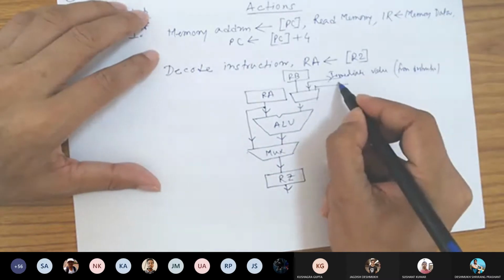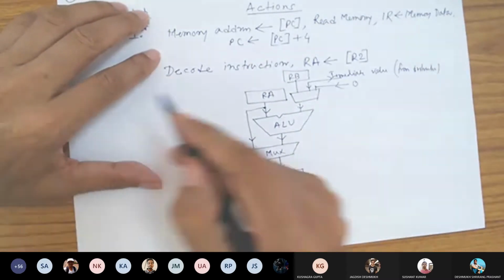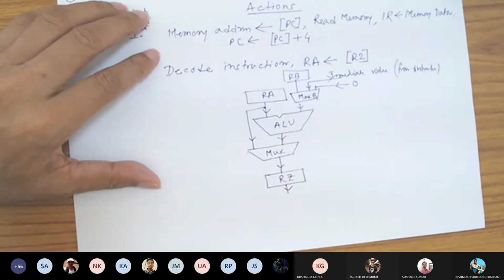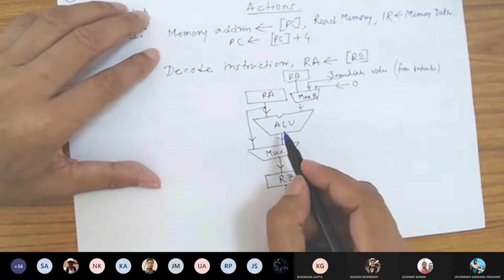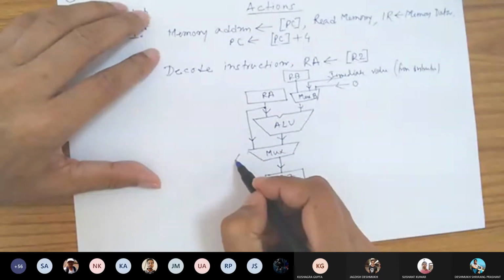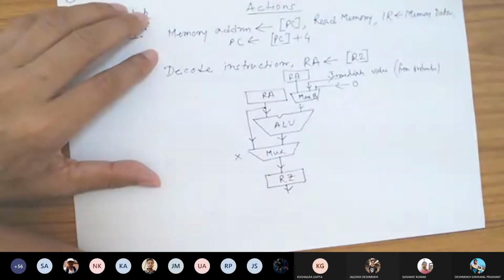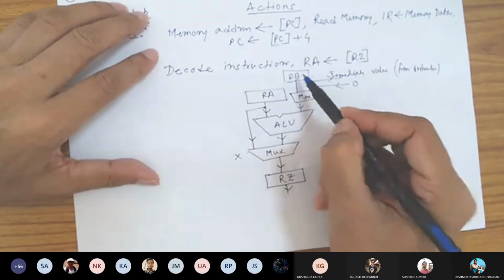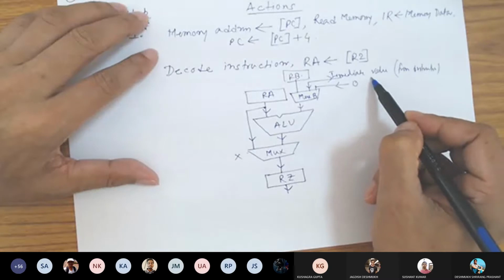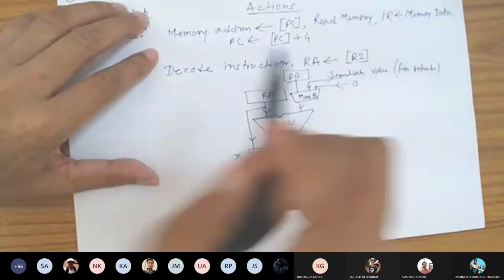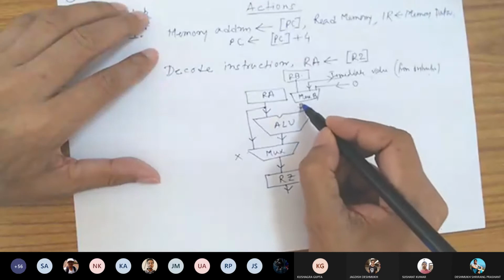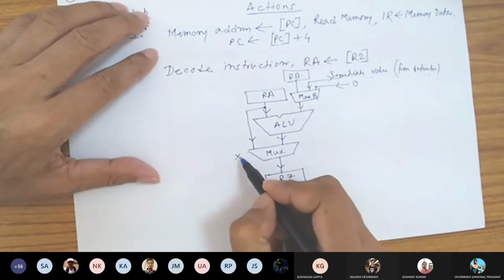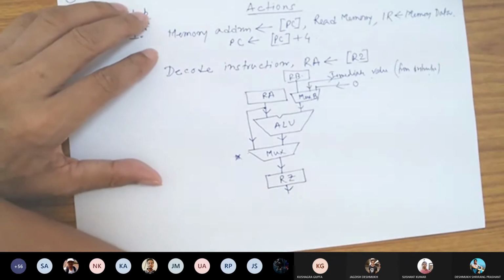You can also give another immediate value 0. This is MUX B. So to bypass this, you can use this one also. This multiplexer will select either RB, or the immediate value from the instruction, or 0. And then with an add instruction, RA plus 0 equals RA, so you can avoid the other multiplexer. So both are possible.